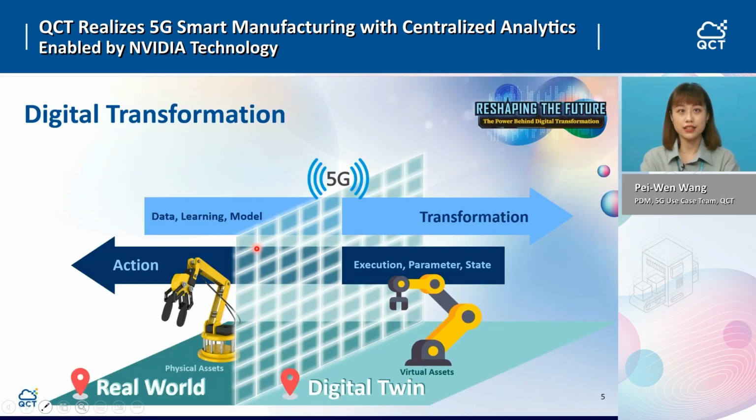And in recent years, digital twin has become a hot topic when talking about digital transformation. So what is digital twin? Is it a simulation? Then what's the difference between digital twin and traditional simulation?